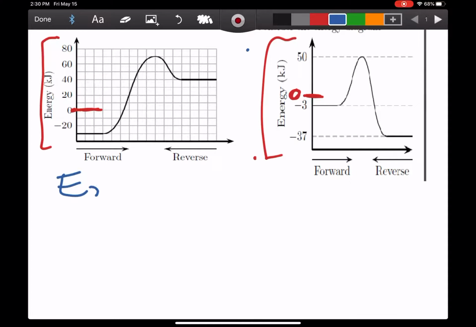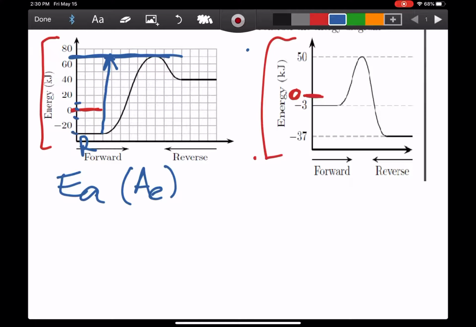EA, activation energy, sometimes it might be energy of activation like that. Remember, that's the energy from the reactant all the way up to the top of the hill. So if you're calculating that energy, you need to look at the difference between those two values. In other words, you're starting at negative, right below -20, and if you count these, each line is 10.